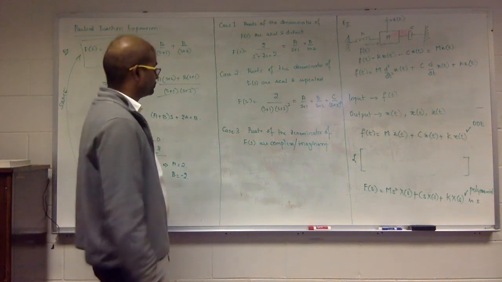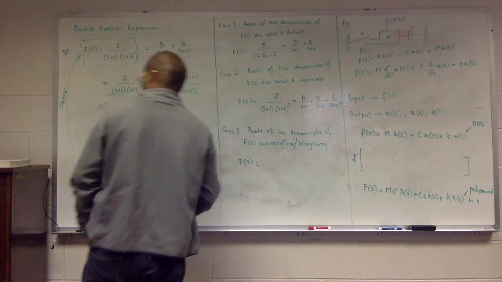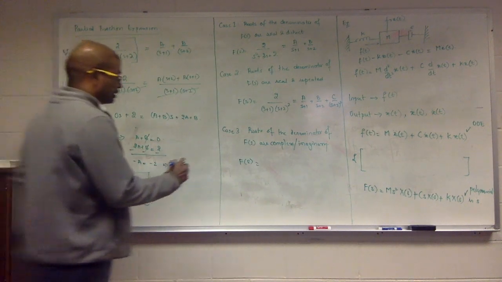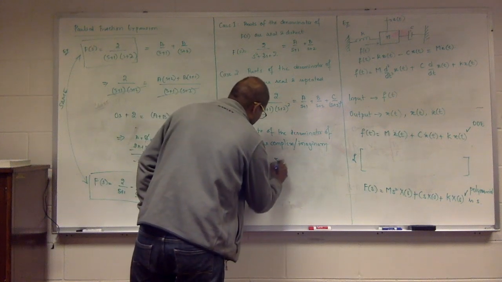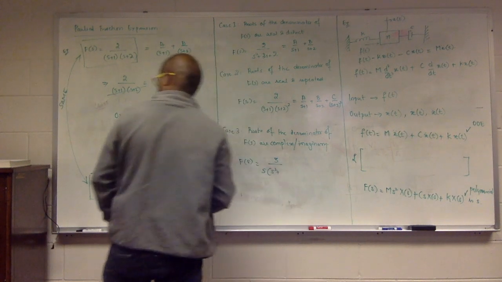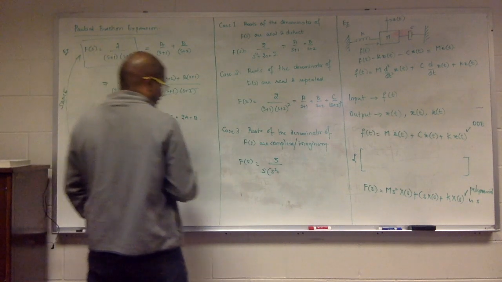Okay? So here an example would be 3 over s times s squared plus 2s plus 5. Okay.